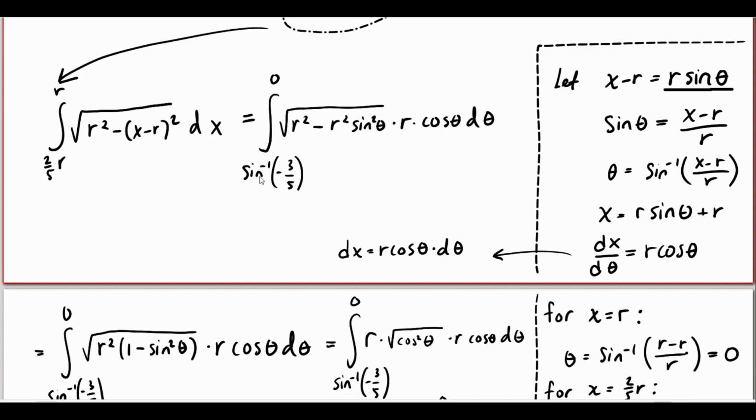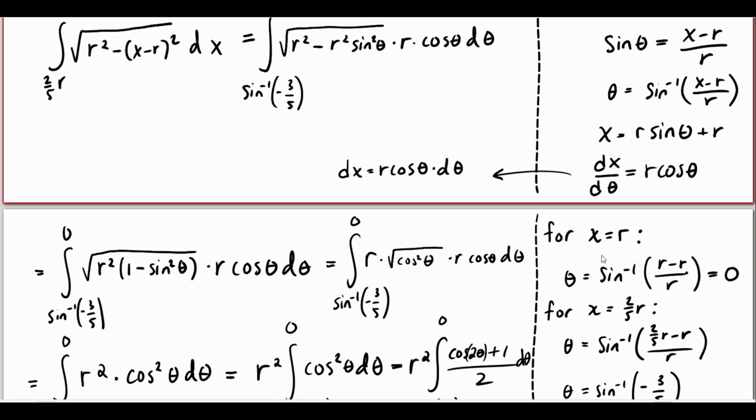We have to express the lower and upper limits in terms of theta. So theta is arc sine of x minus r divided by r. For x equals r, theta equals arc sine of r minus r divided by r, which becomes 0.